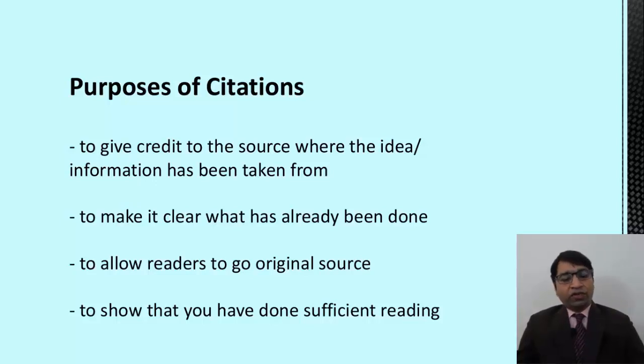Number three, to allow the reader to go to the original source. For example, I'm talking about online and distance education, and in my paper I have only briefly touched on a model of distance education. Maybe the reader is really interested and wants to explore that model more.